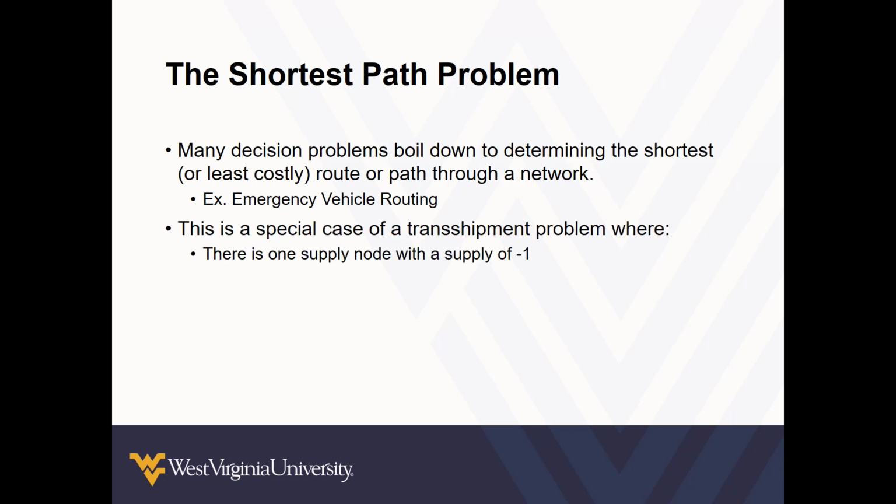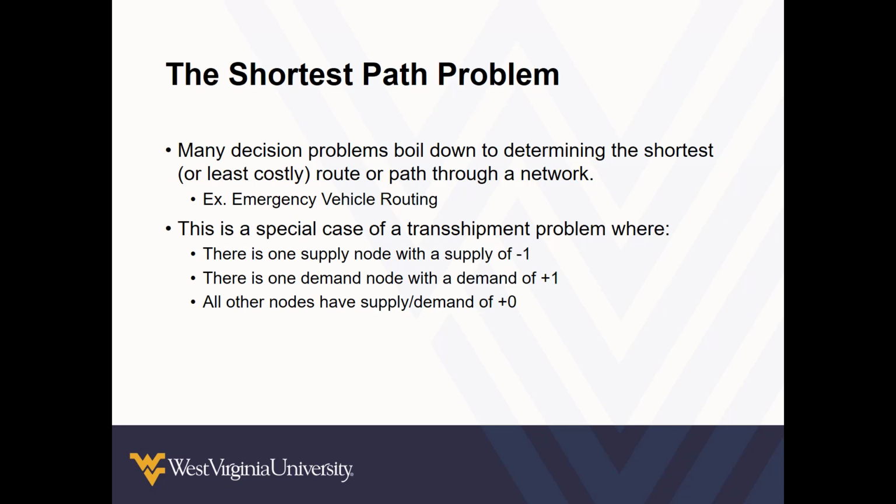And these are special cases of transshipment problems where there may be one supply node with a supply of -1 and one demand node with a demand of +1, and all other nodes have a supply or demand of 0. And the idea is moving through the nodes as quickly as possible, but you're not concerned about shifting inventory or necessarily the cost of getting from node to node to node.